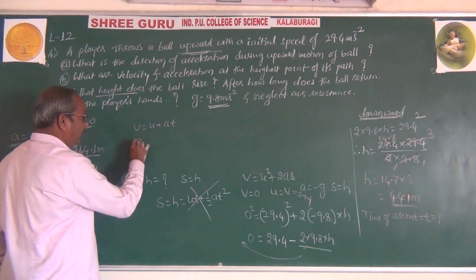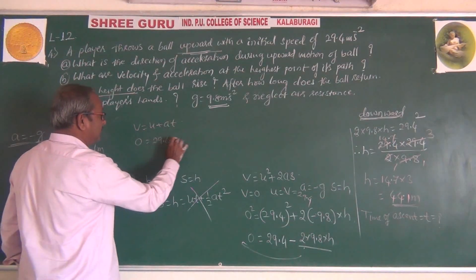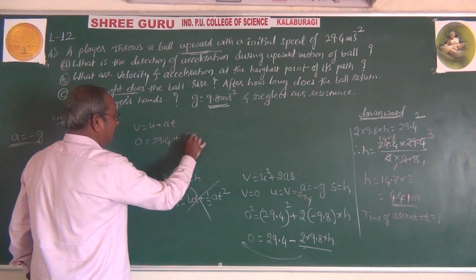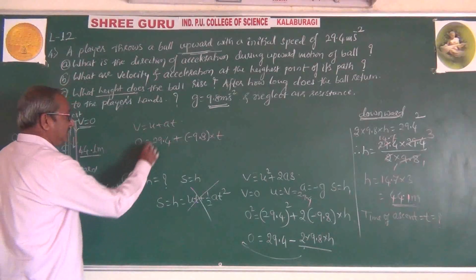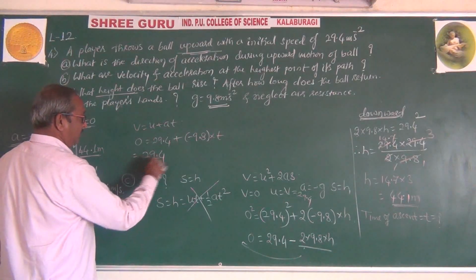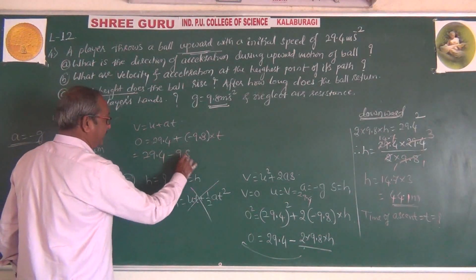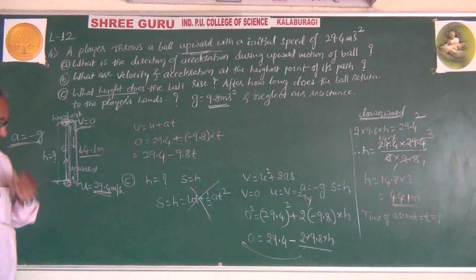Here v is 0, u is 29.4, a is minus g, minus g means minus 9.8, into t. So 0 equals 29.4 minus 9.8 into t. By rearrangement, what do you get?